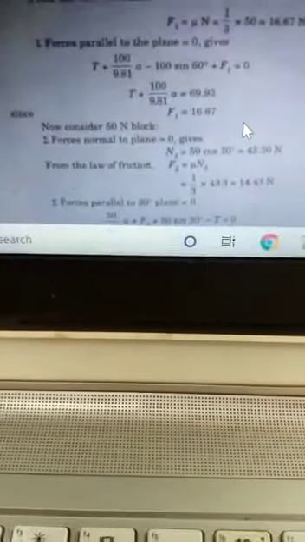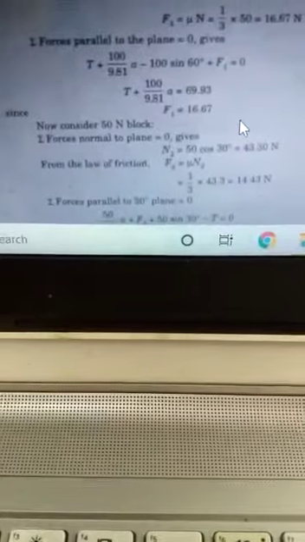Similarly, for the second block, the 50 Newton block, first of all we will work out the normal reaction.